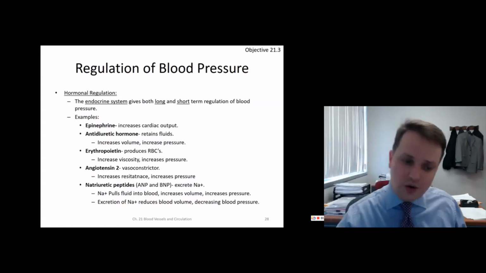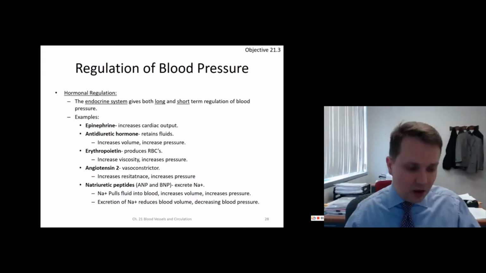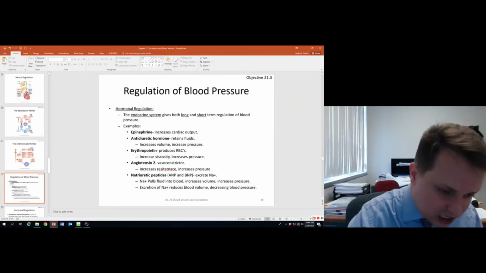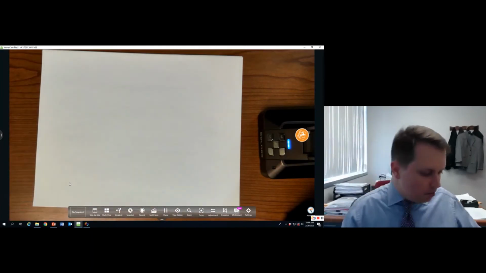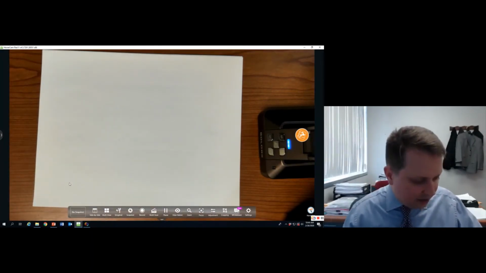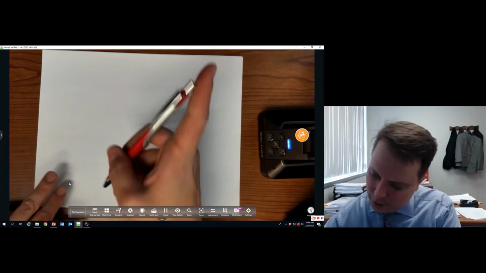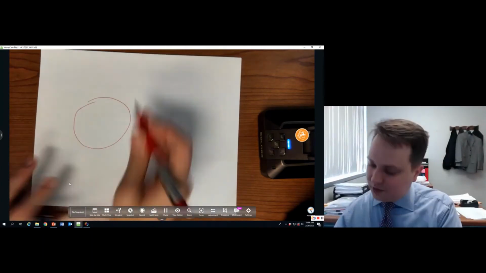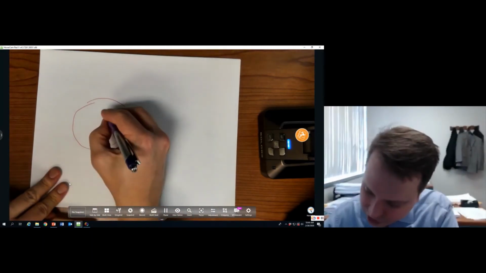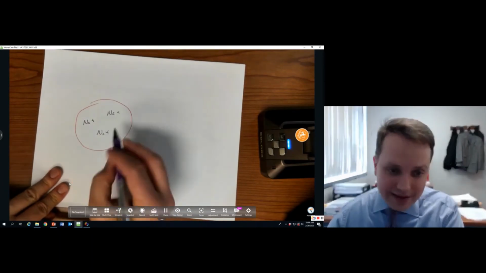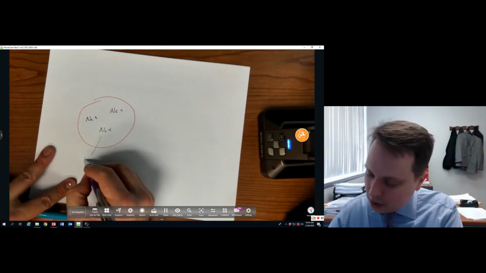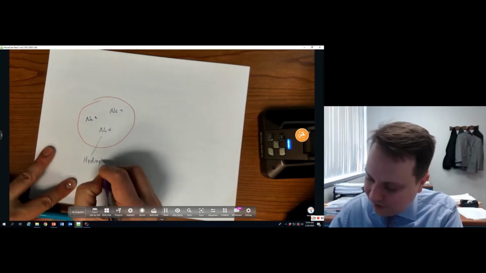So I want you to understand what happens, and let me sketch that a little bit again. I know I've done this in the past already, but when I have a blood vessel here, and this blood vessel has lots of sodium cations in it, these sodium cations are hydrophilic.